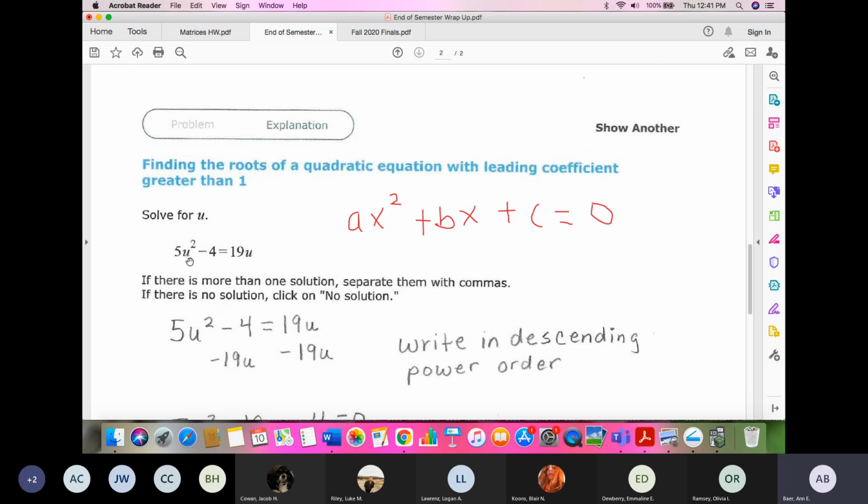So this is a monomial because it's a real number times a variable u to a nice power. This is a monomial because it's a real number, -4, times u to the 0, u to a nice power.